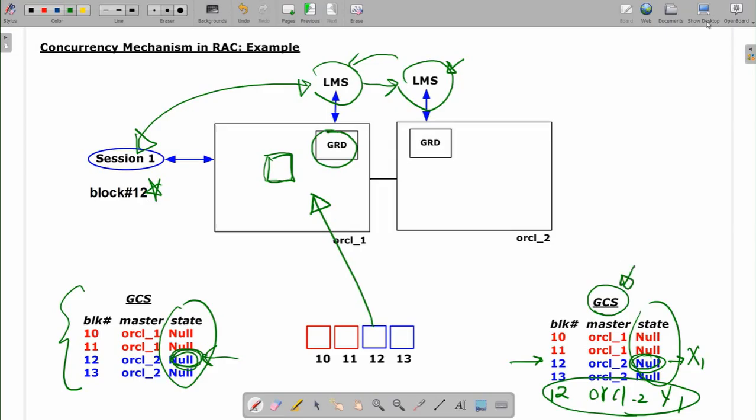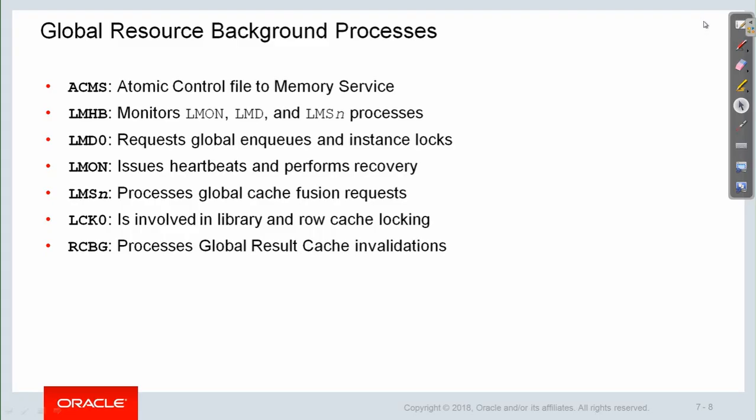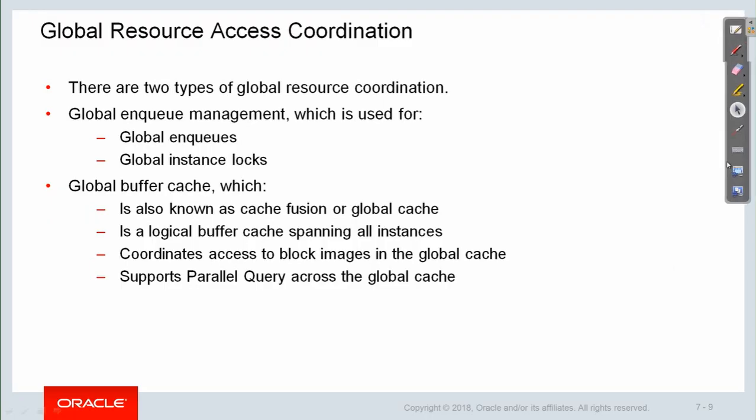Okay, so let's come back here. And global resource access coordination, just like global cache service metadata management, as a part of global enqueue management, we also manage metadata for global enqueue, global instance locks, in addition to the global buffer cache.